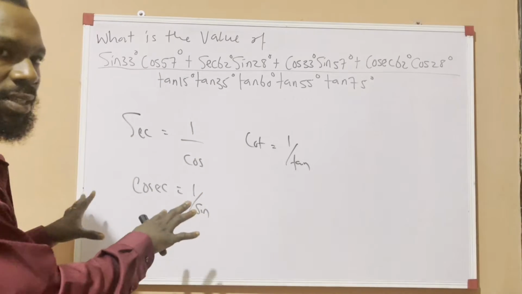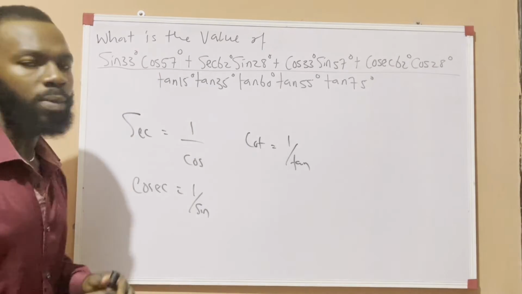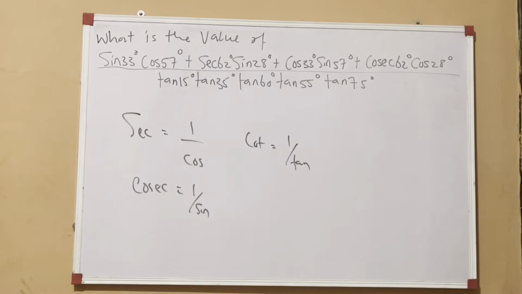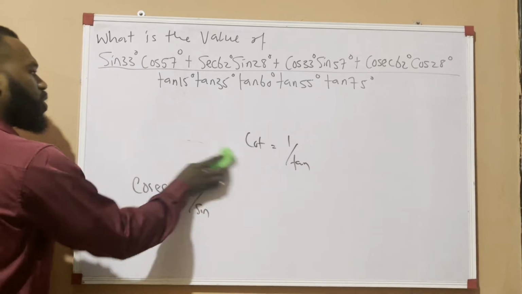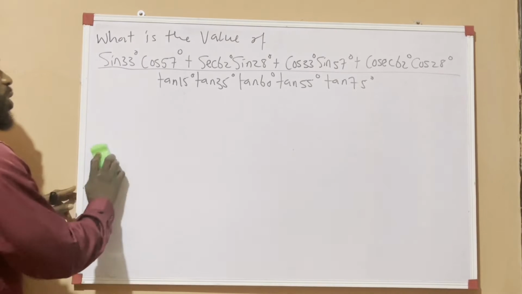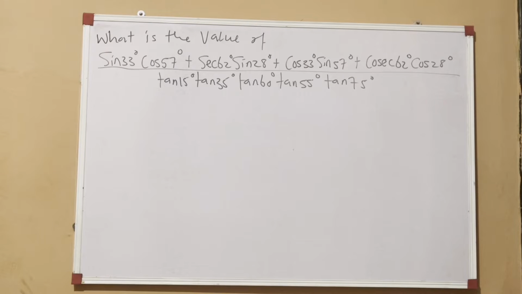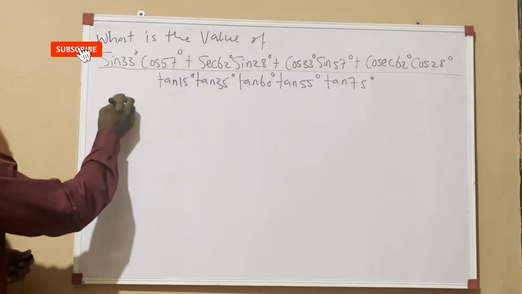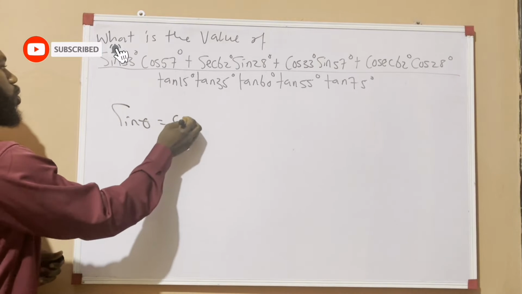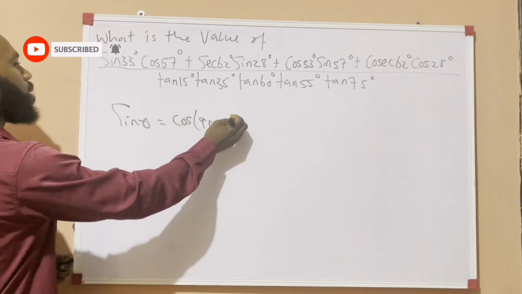Now, you should understand what this simply means. The formulas we'll be using in solving this question are these. One, sine theta is equal to cos 90 minus theta.